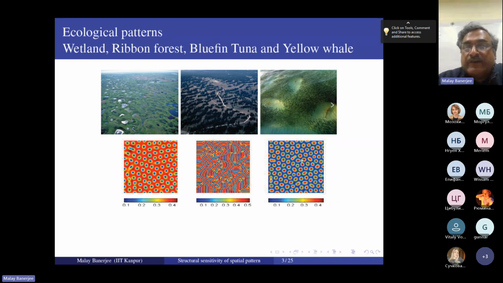In some of the literature, people have tried to explain this as an example of a spot pattern, and tried to explain it with the help of Turing instability or Turing pattern. But frankly speaking, it is a dynamic pattern and it keeps on changing with respect to time.